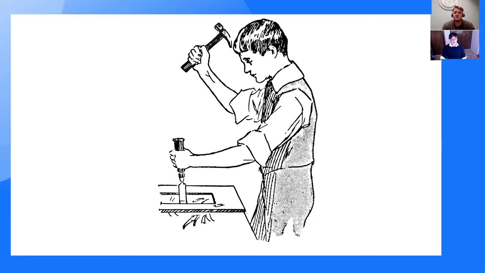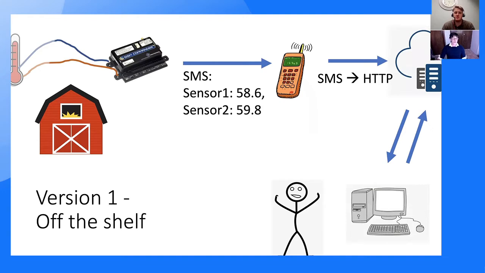And the final model of it looked like this. I would have my temperature sensors, as you can see on the left there, feeding with wires to the GSM commander. The GSM commander would then send SMSs containing the embedded sensor information.